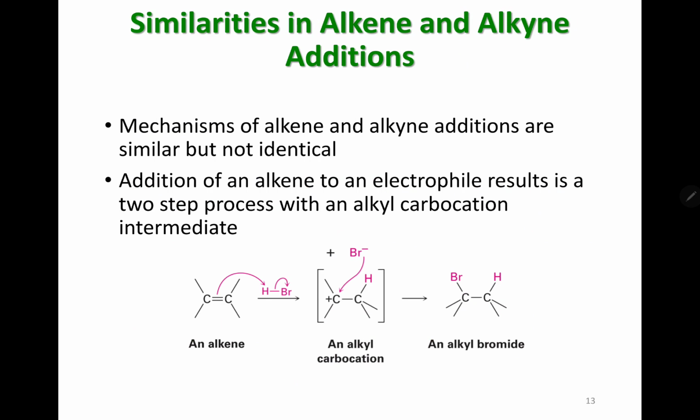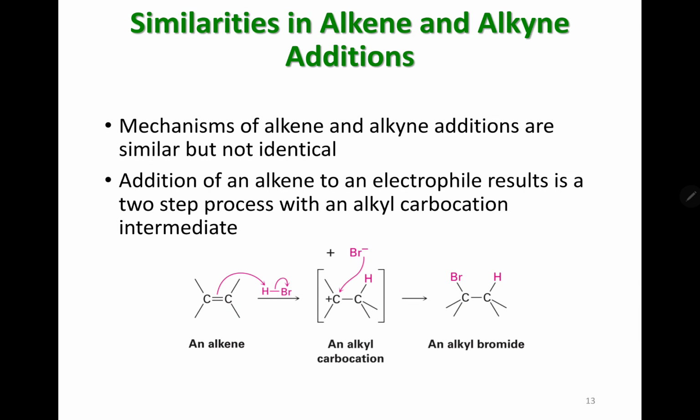All right, so let's talk about the similarities of the alkene addition and alkyne addition. The similarity is basically that they are both electrophilic addition reactions. The difference is that in alkyne you are basically adding two protic acid molecules or two halogen molecules, but in alkenes you're only adding one.